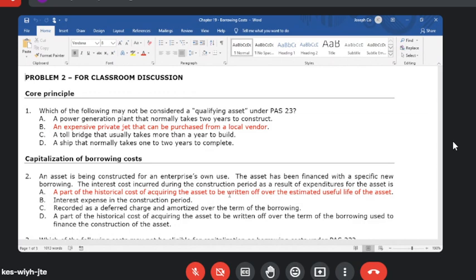Kaya meaning, pag bumili ka na ready for use, example, kotse, nangutang ka ng pera sa bangko, yung interest is expense, hindi po siya pwedeng i-capitalize kasi hindi po siya qualifying. Hindi po siya qualify.